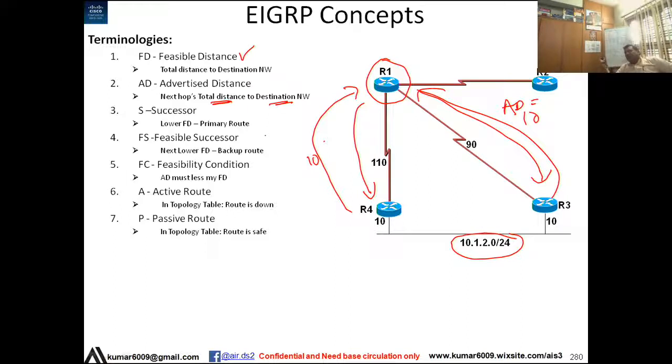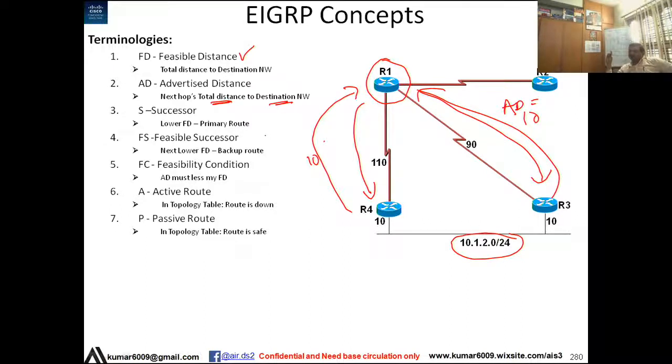I ask him, from your home, how much distance is the airport? He says from my home it is 5 kilometers. I know from my home to his home is 20 kilometers. So I will calculate 20 plus 5. That is the total distance to the destination network. What he advertised to me is called advertised distance. Third is, in these two routes, which has the lowest FD?